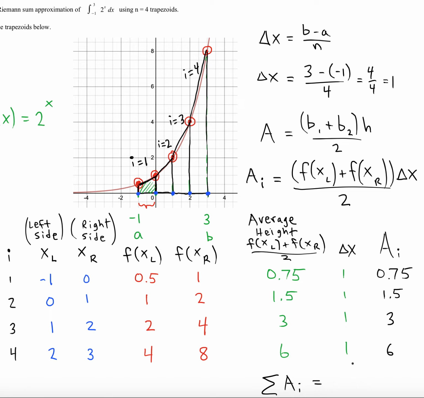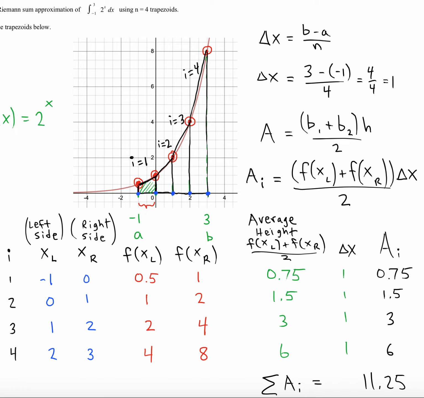I get 11.25. And that's the trapezoid approximation.